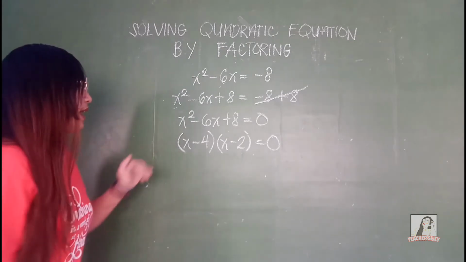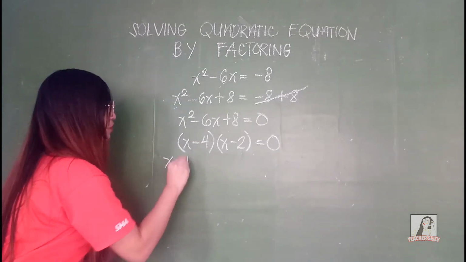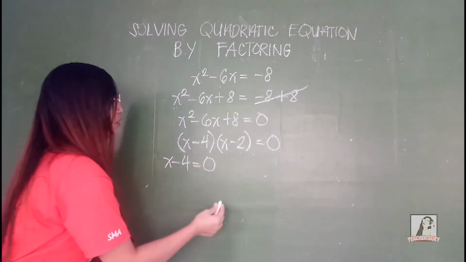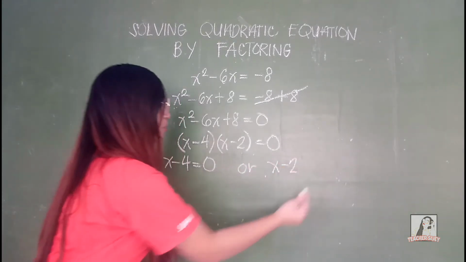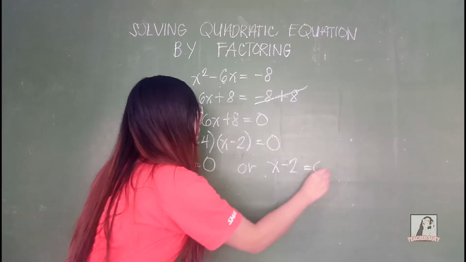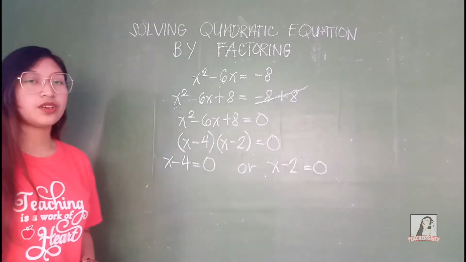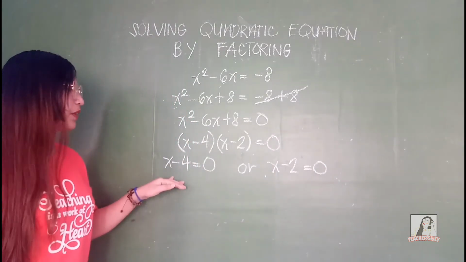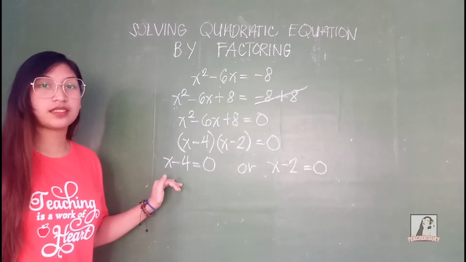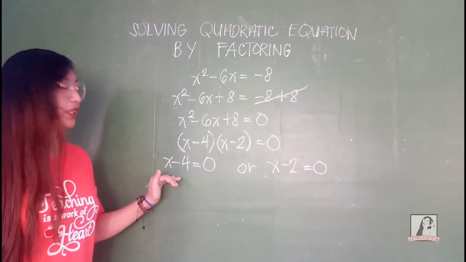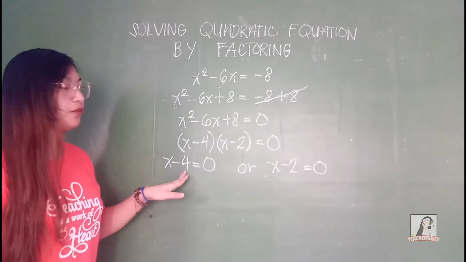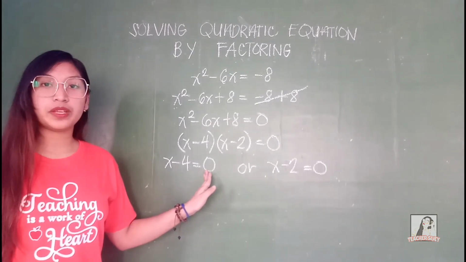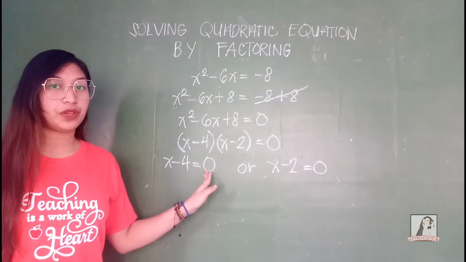So we have x minus 4 equals 0 or x minus 2 equals 0. Here we need to solve for x. Let's start with x minus 4 equals 0. We need to transfer negative 4 to the other side, so we apply the addition property of equality.